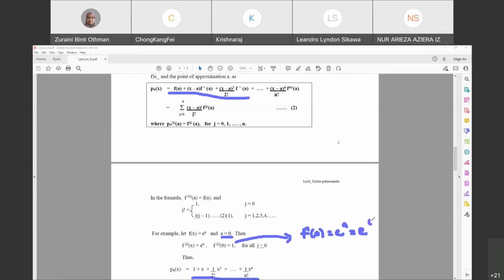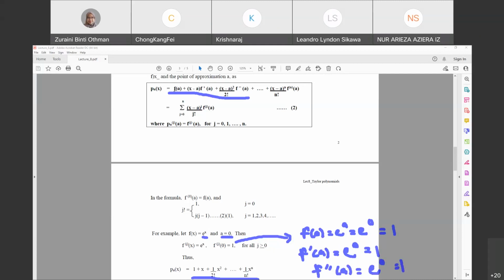Jadi eksponen kosong, it is 1. Okey, bila F prime A, dia juga ialah eksponen kuasa kosong, which is also 1. Untuk kes eksponen X, dia akan sentiasa sama juga dengan 1 untuk semua peringkat pembezaan, sebab pembezaan eksponen X akan dapat eksponen X juga kan? Okay, it is equal to 1 also.